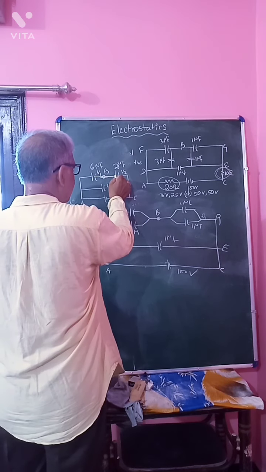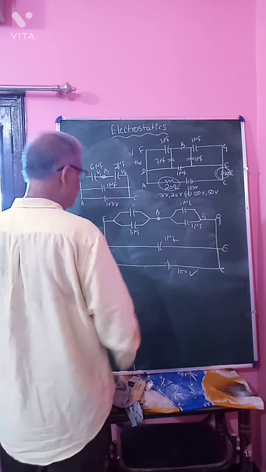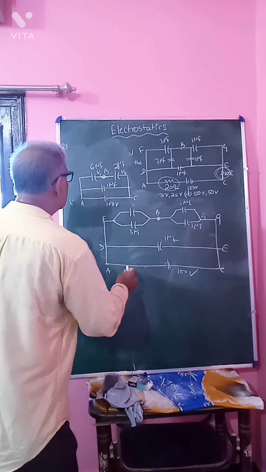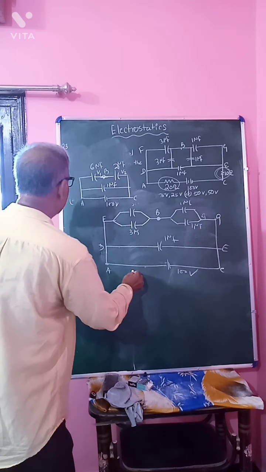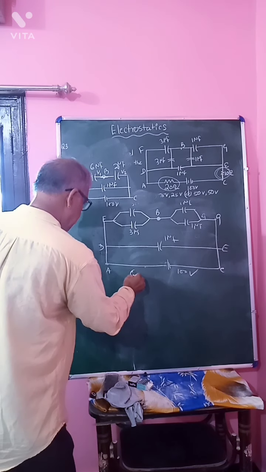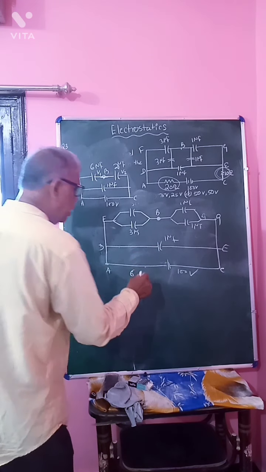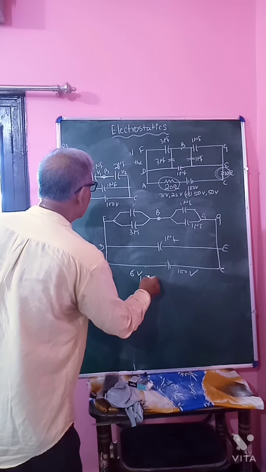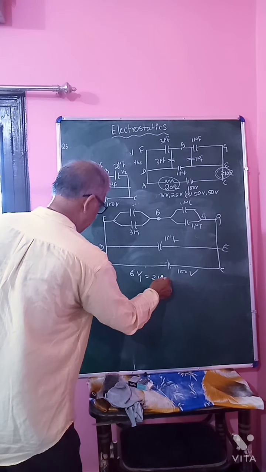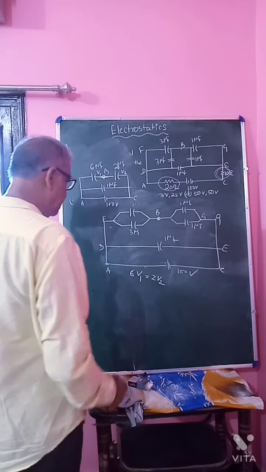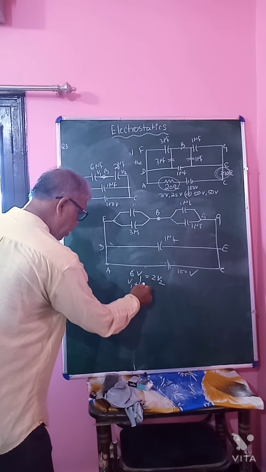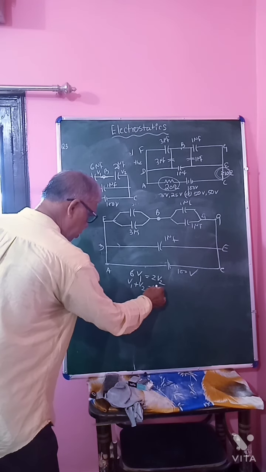Charges are the same in series connection. The charge on the capacitor, Q is C into V, so 6 V1 is equal to 2 V2. This is one equation. Another equation is that the sum of potentials V1 plus V2 is 100 volt.